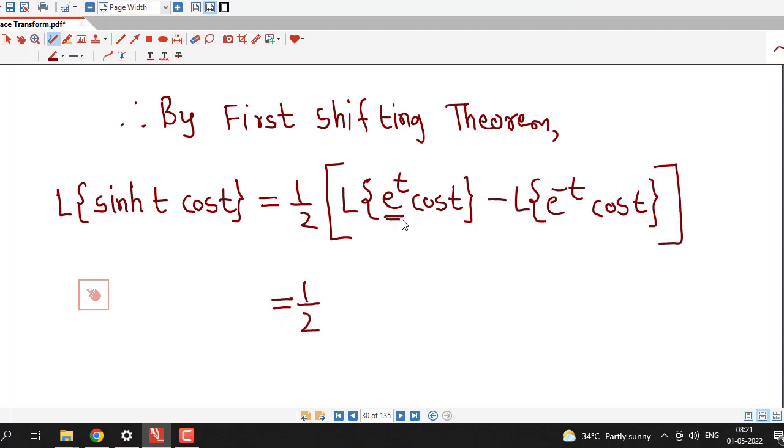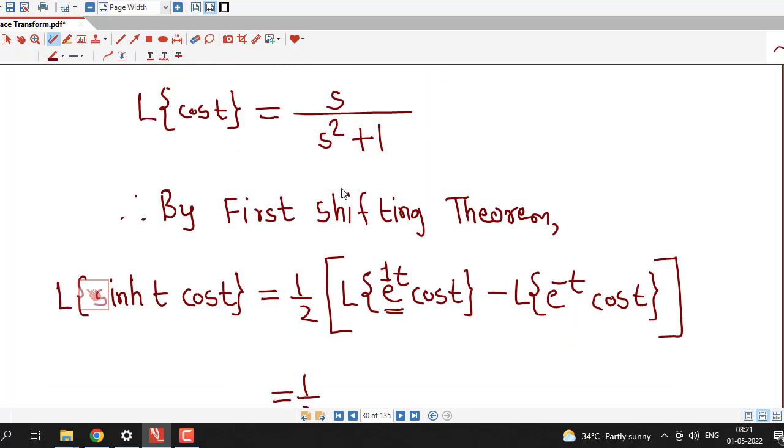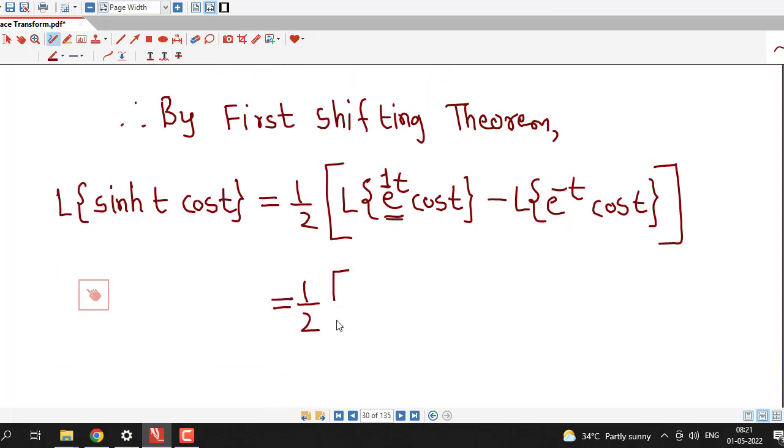Now here in e raised to t, coefficient of t is 1, so we will replace s by s minus 1. For e raised to t cos t, here coefficient of t is 1, so for first shifting theorem, s will be replaced by s minus 1. So first we write down Laplace transform of e raised to t cos t, which is s minus 1 divided by s minus 1 square plus 1.